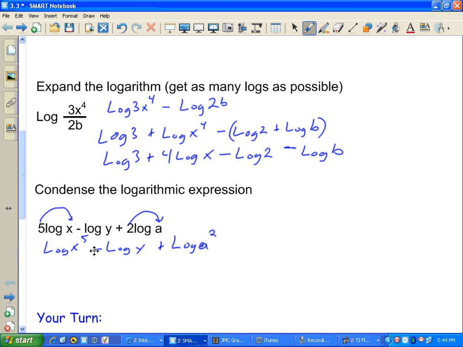Okay, now I'm subtracting this log of y, so that's going to be in the denominator when I start moving these into a fraction. This one's positive, so it's on top. This one's positive, so it's on top. And this one's negative, so it's on bottom. So now I've got a condensed logarithm. It's just a single log now instead of having three different ones.